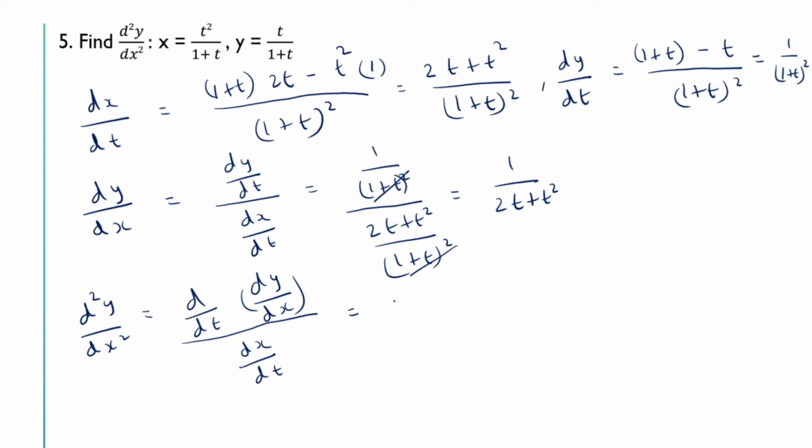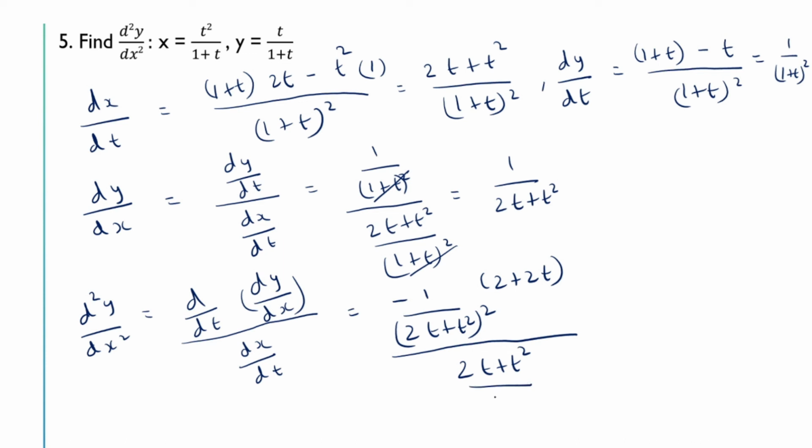So the derivative will be minus 1 by 2t plus t square, the whole square, into derivative of this function. So it will be 2 plus 2t. The whole divided by dx by dt, which is 2t plus t square divided by 1 plus t the whole square.